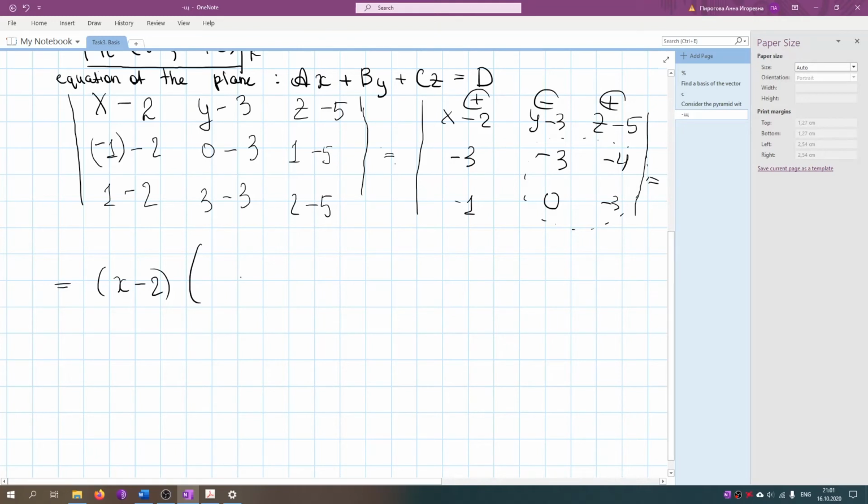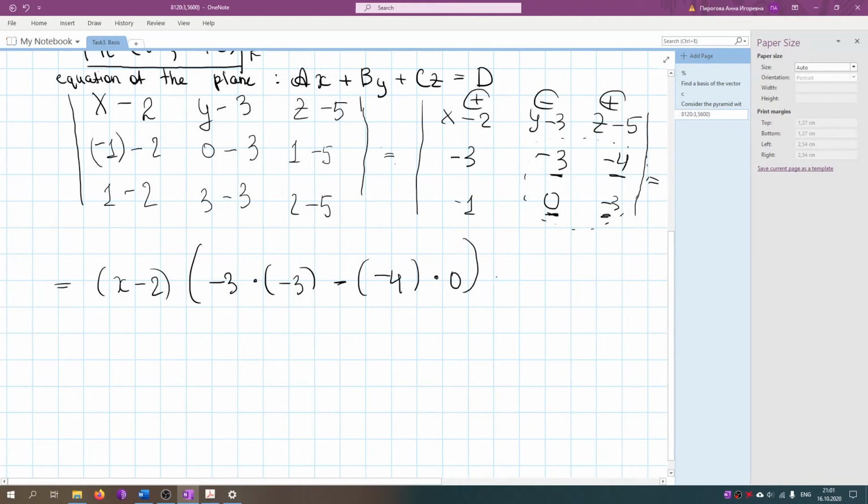And here we have minus 3 multiplied by minus 3. Take minus 3 multiplied by minus 3. Minus 4 here multiplied by 0.